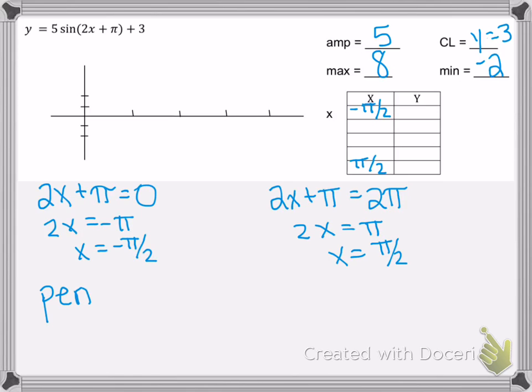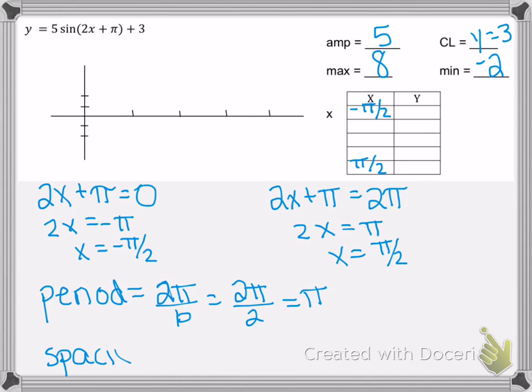So next, I'm going to find my period, which is still 2 pi/b. My b term is 2, so my period is pi. Because once I have my period, I find my spacing, which is your period divided by 4.